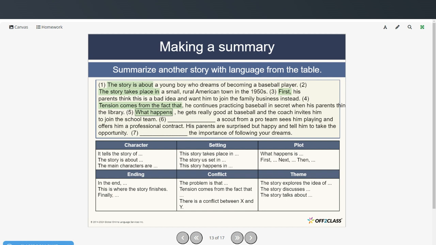What happens is he gets really good at baseball and the coach invites him to join the school team. Then a scout from a pro team sees him playing and offers him a professional contract. His parents are surprised but happy and tell him to take the opportunity. The story explores the idea of the importance of following your dreams.